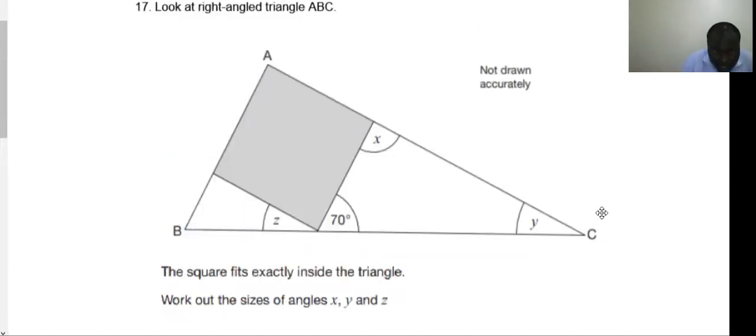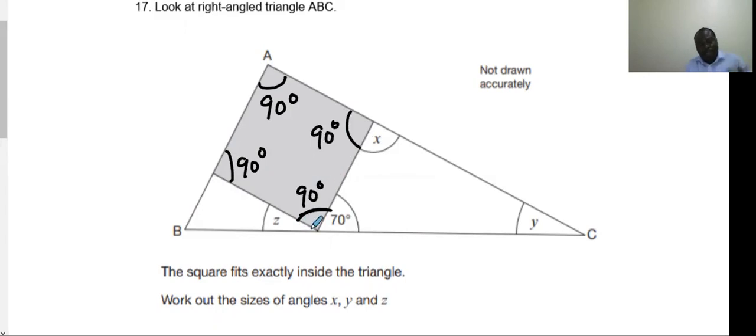We know that this is a square which is fitting inside the triangle, so we know for sure that a square has each angle equal to 90 degrees. Each angle inside a square is 90 degrees.